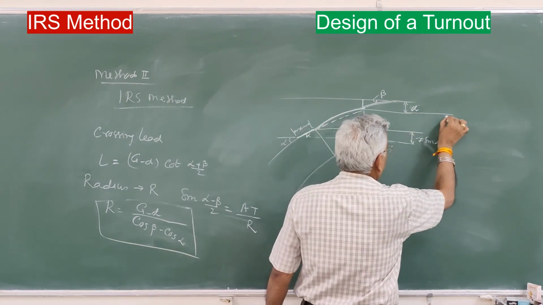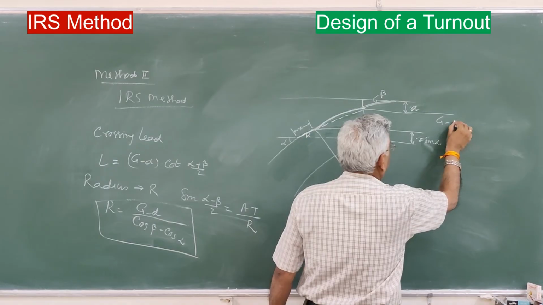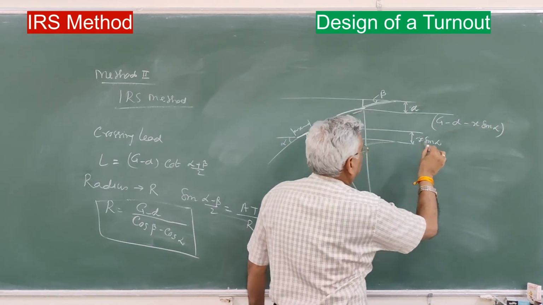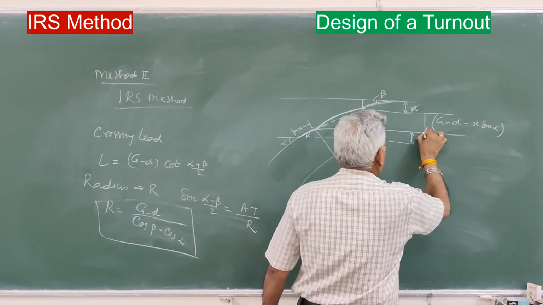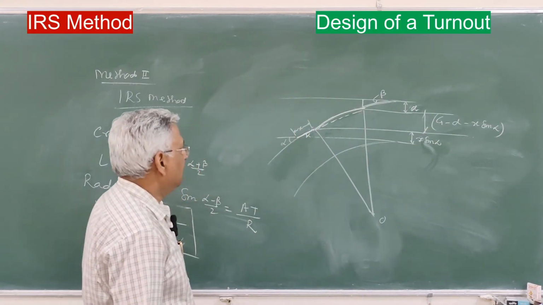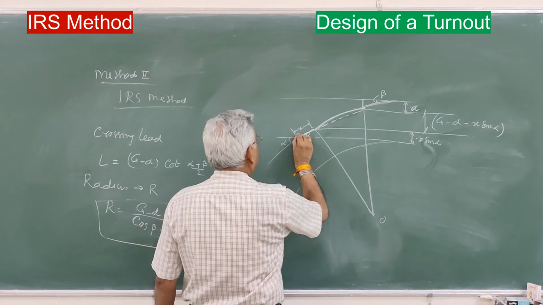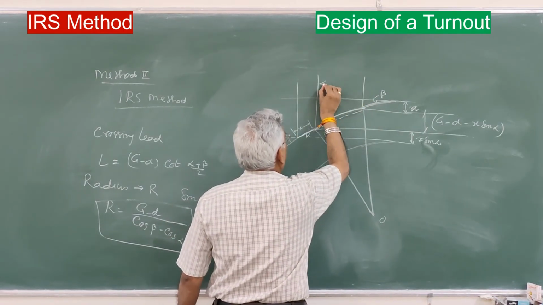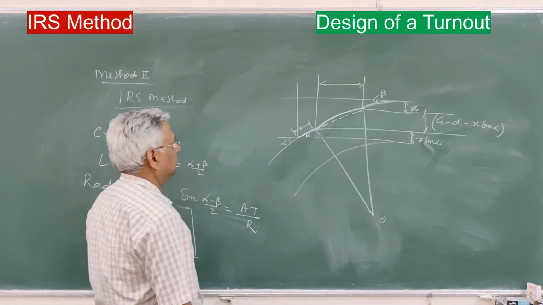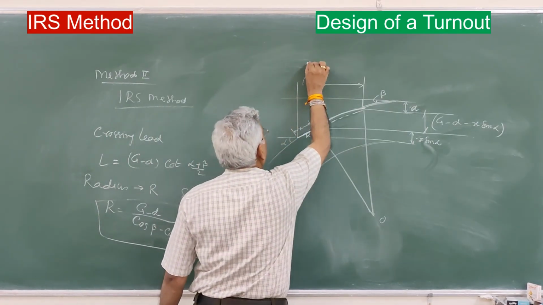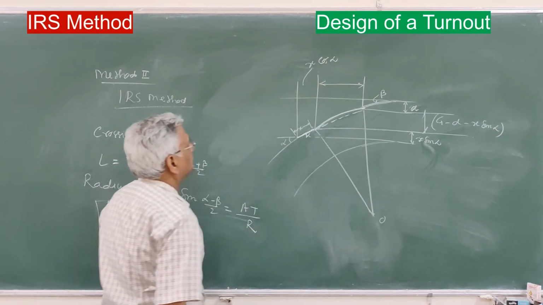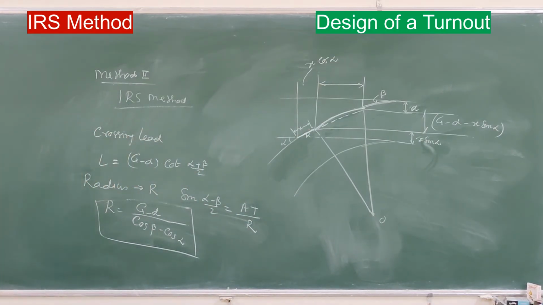So this is G minus D minus X sine alpha, this distance. And similarly, your crossing lead by calculation it will be this much, and you can add here this distance X cos alpha. This is X cos alpha.